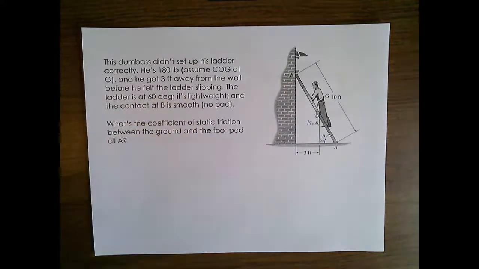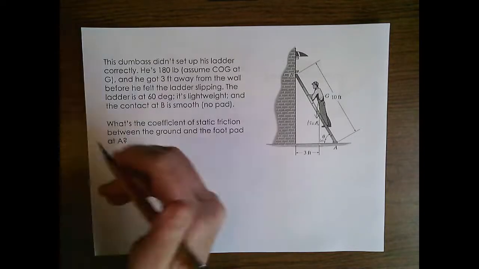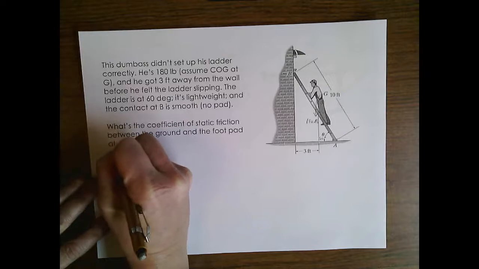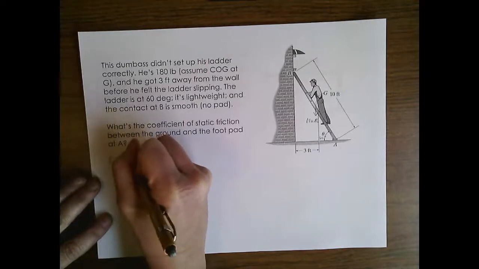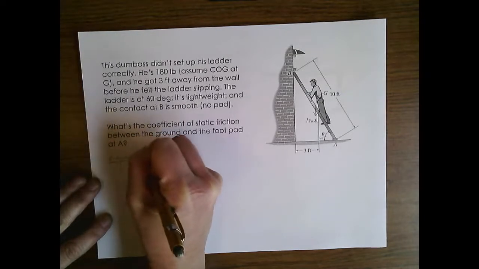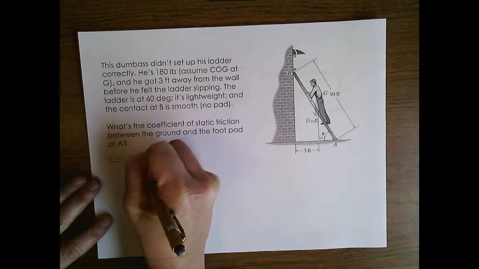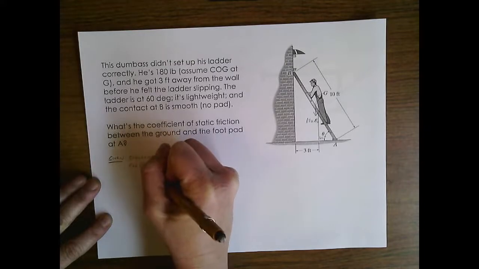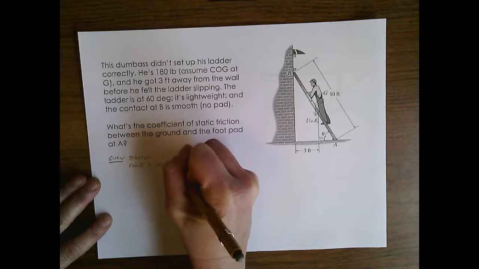Okay, so let's work through this problem. So we are given a couple things. Given the diagram, the combined center of gravity at G with weight equal to 180 pounds.